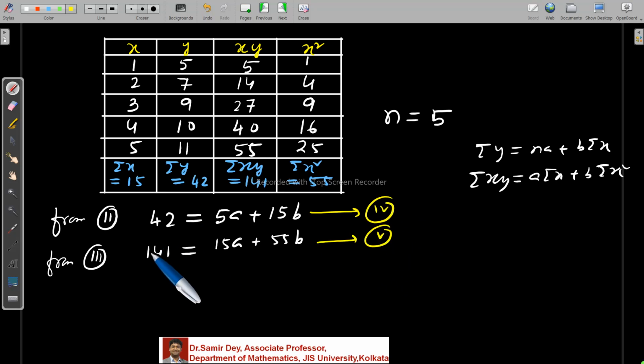Now our objective is to simplify these two equations and solve them. This was equation number 2 and this one equation number 3. Now you substitute all these values into these relations and you will get this. Our objective is to solve these two simultaneous equations.